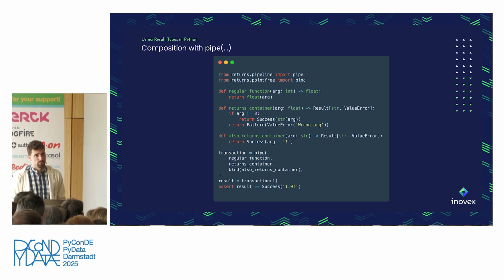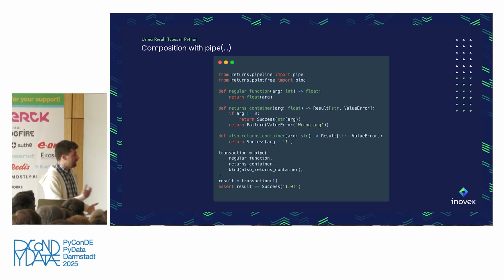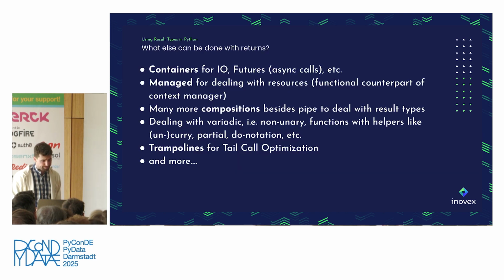And with this, you can design a program without using exceptions also for more complex things, because you can then handle your error at a completely different point as you would have done before with an exception.